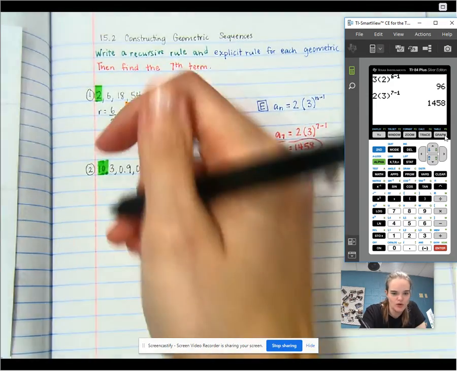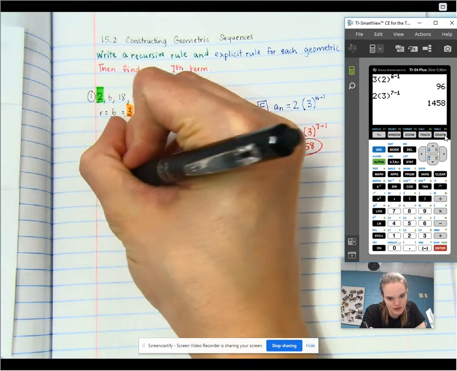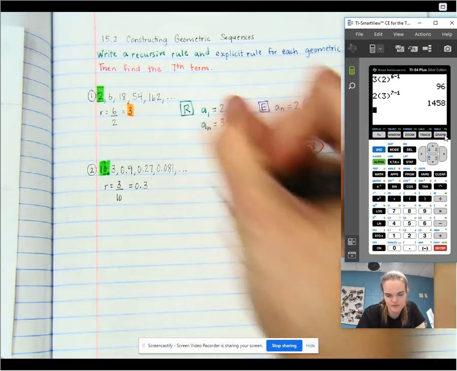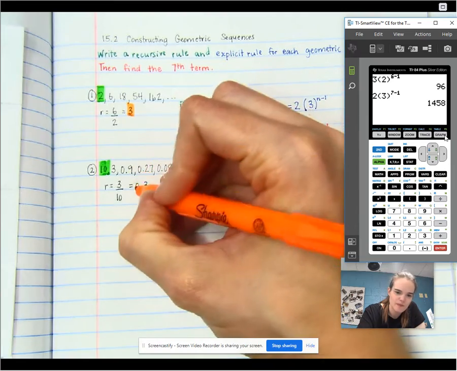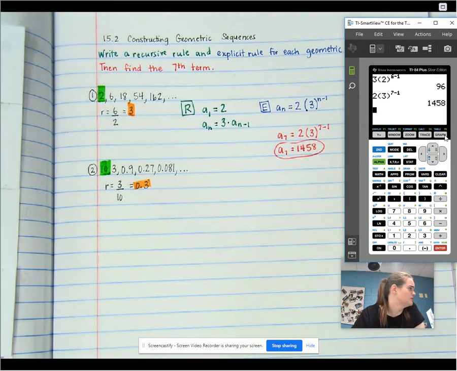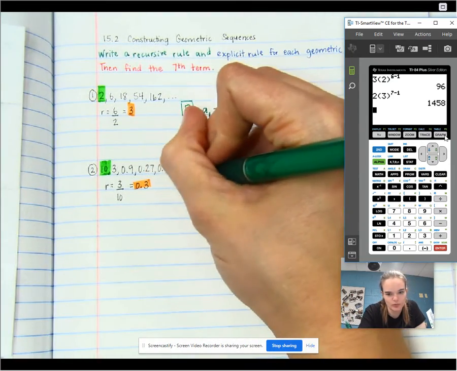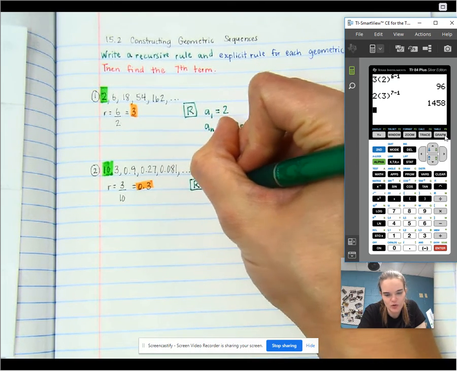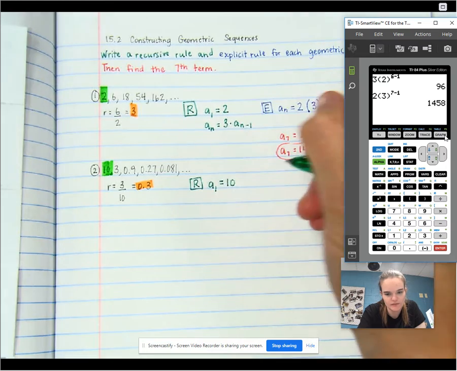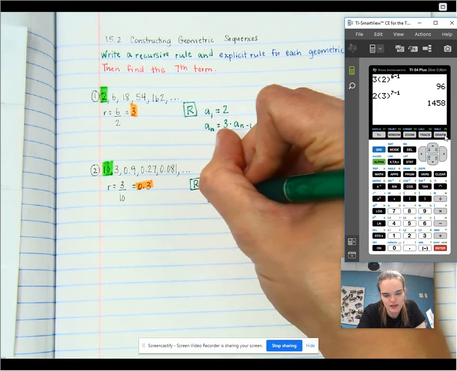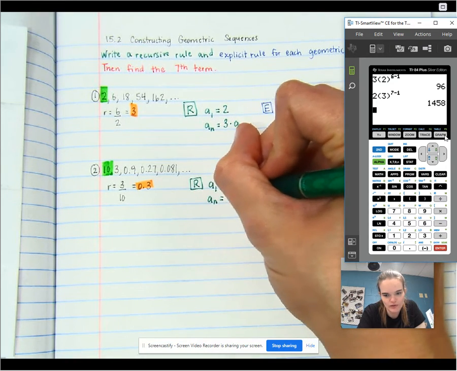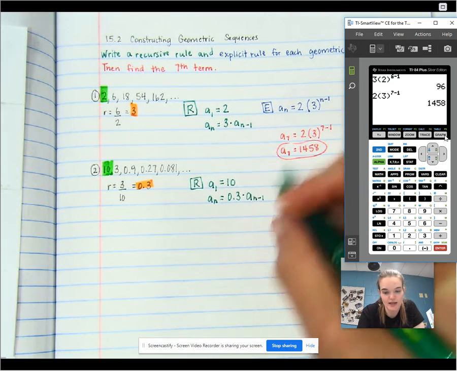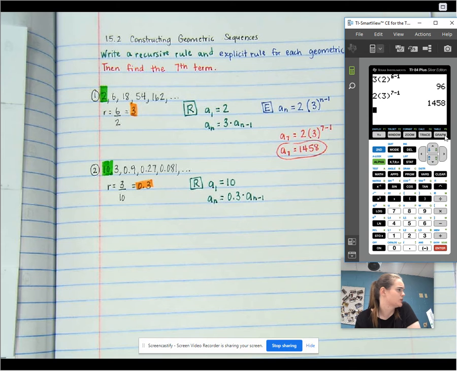The ratio is 3 divided by 10, which is 0.3. Using my foldable, the recursive rule is A sub 1 equals 10, A sub n equals 0.3 times A sub n minus 1. There's the recursive rule.